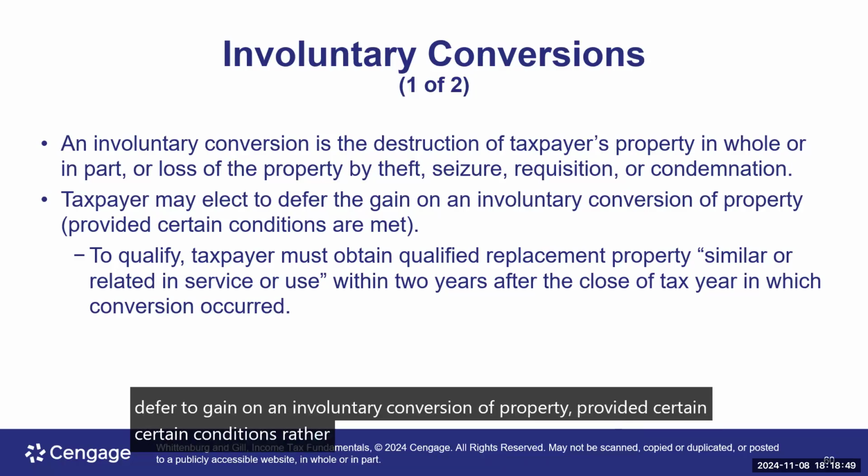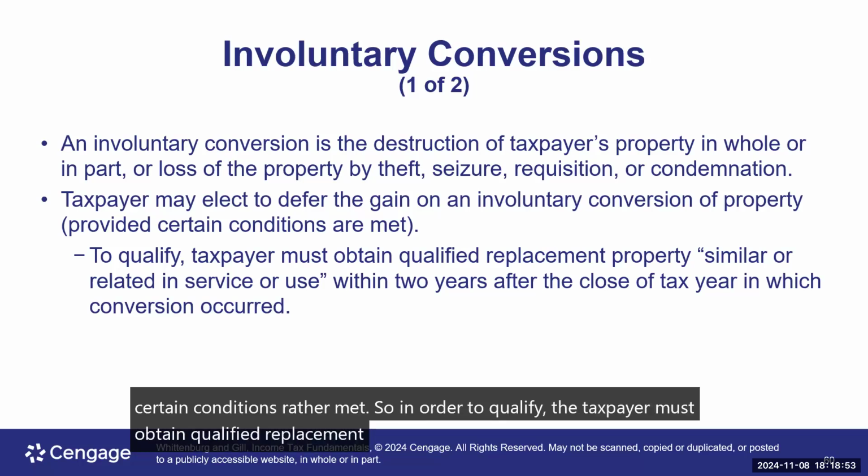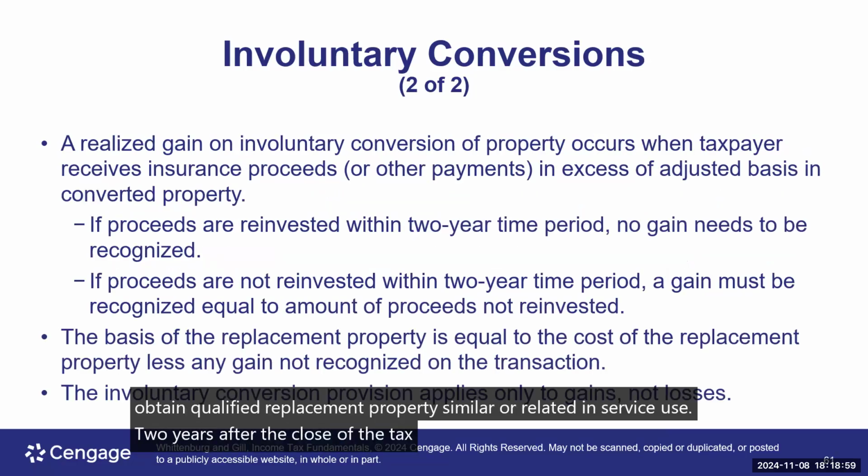In order to qualify, the taxpayer must obtain qualified replacement property similar or related in service use within 2 years after the close of the tax year in which the conversion occurred.